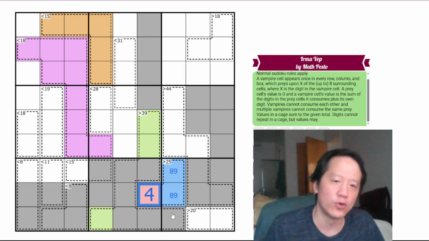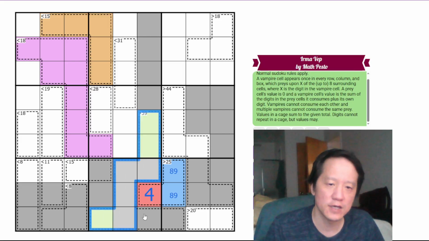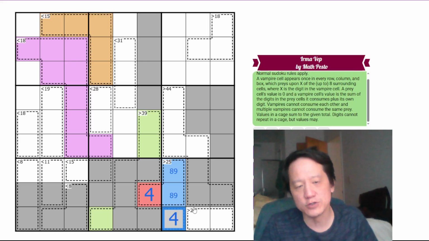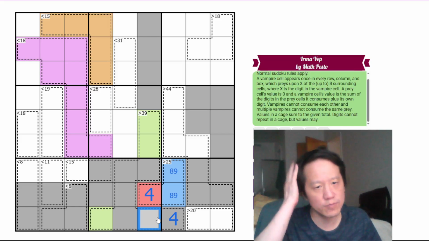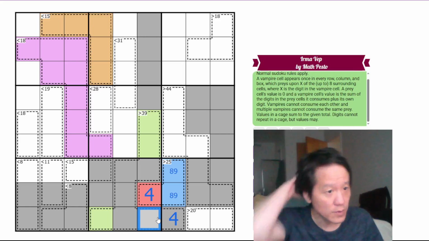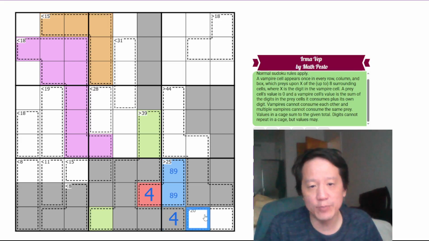Where is the 4 in this cage? It can only be here. So this is 4. It could be preyed upon because it could be preyed upon with 4 and 1 here. So this digit cannot be preyed upon by these 2 digits.